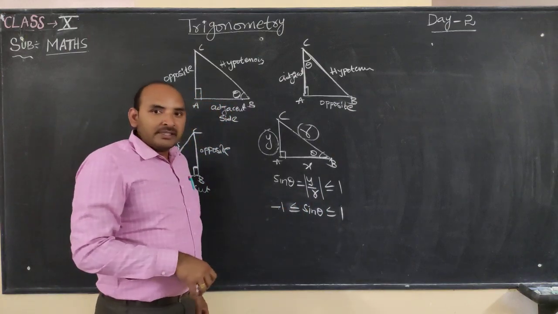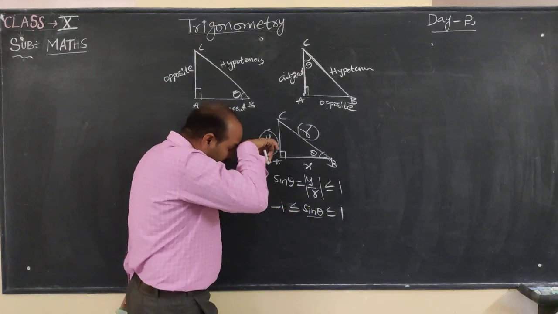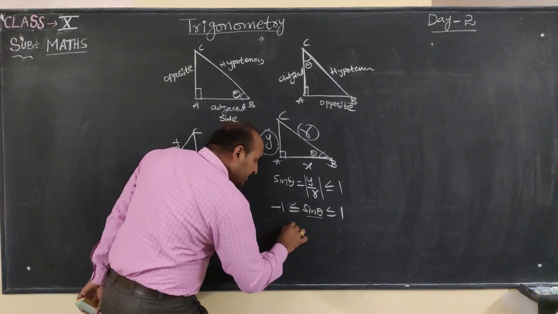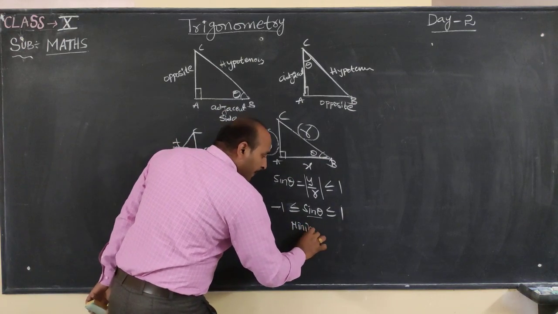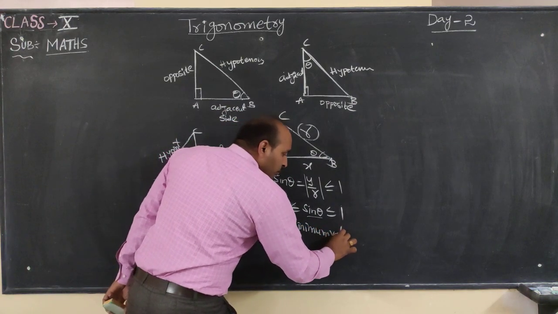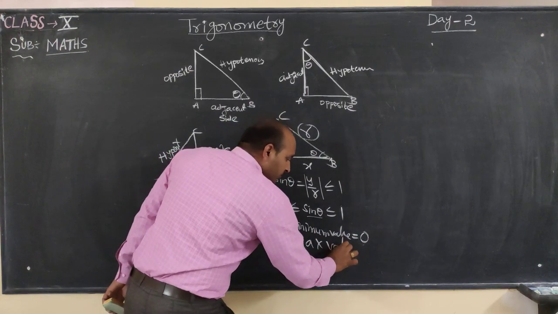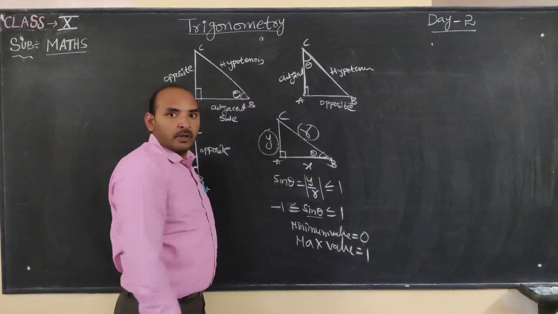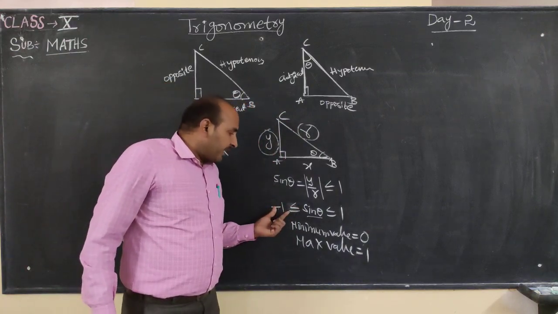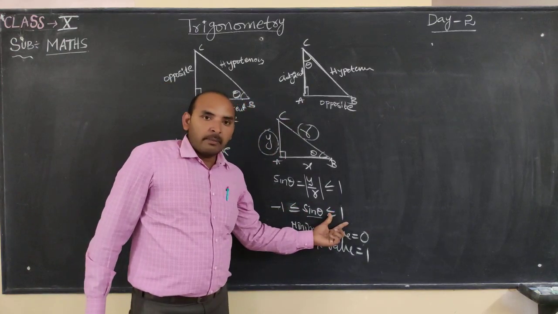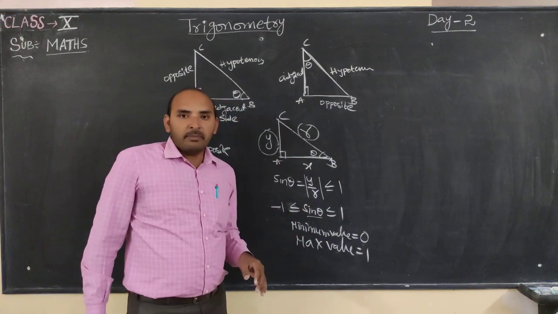But in our syllabus, the minimum value of sin theta must be 0 and the maximum value is equal to 1. Actually the exact minimum value is minus 1 and maximum plus 1, but minus 1 is not in our syllabus.